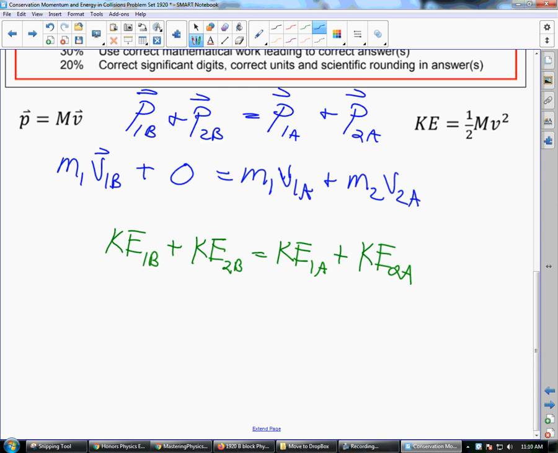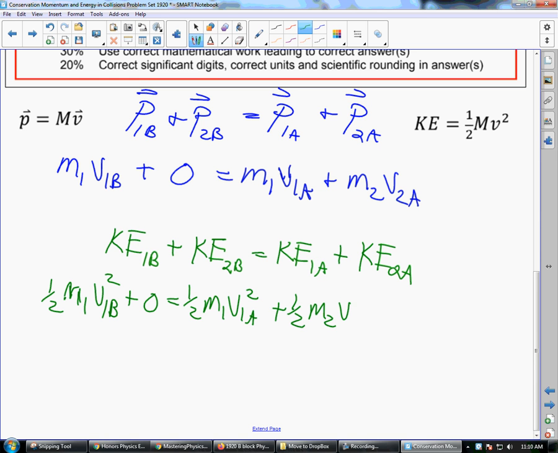All right? And I should probably get rid of the vector symbol here. Similar down here in the kinetic energy, 1/2 mass 1, speed of 1 squared, plus 0, equals 1/2 mass of 1, speed of 1 after, squared, plus 1/2 mass of 2, velocity of 2 after, squared.